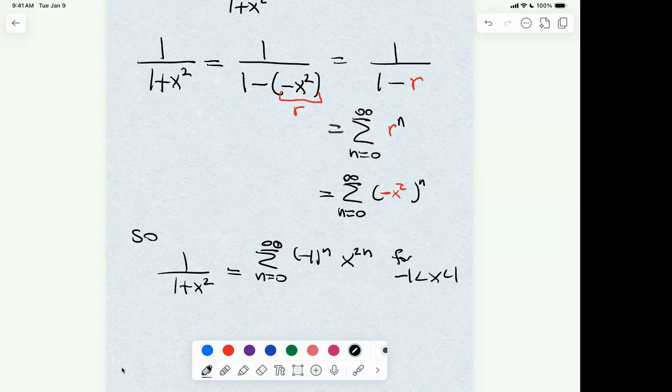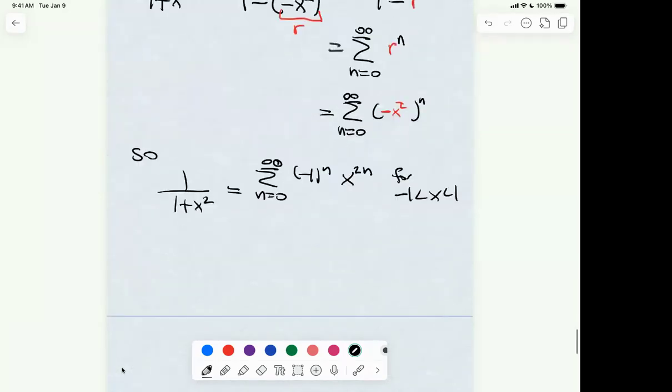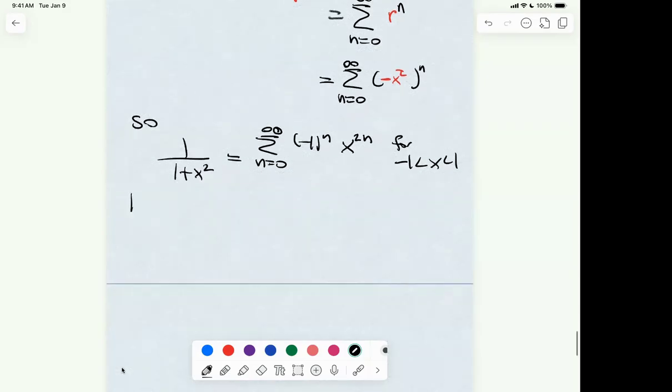Maybe before I'm done with this, at least for x between -1 and 1, you could integrate both sides of the equation. What is the integral of 1/(1 + x squared)? Arctan, right? So let's integrate.